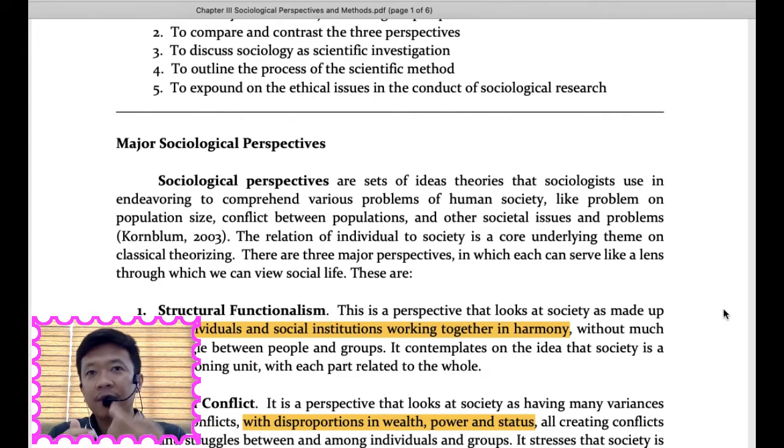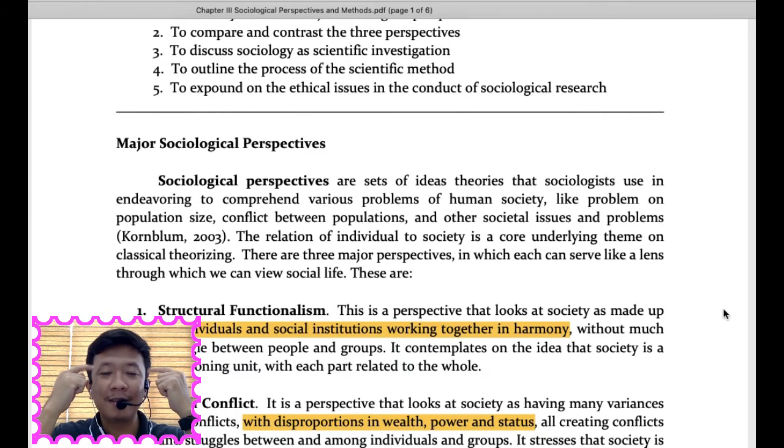And just like what you do with a camera, you try to zoom in, no, you have a particular way of looking at the object of your scrutiny. So napakahalaga ng perspective dahil it will really define what you are going to look at.